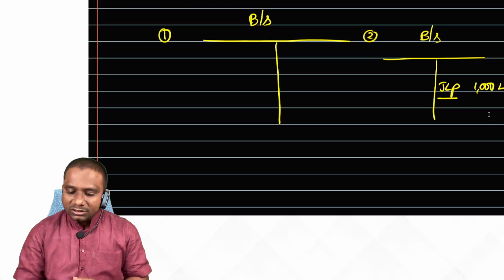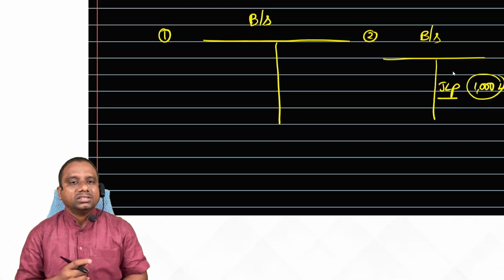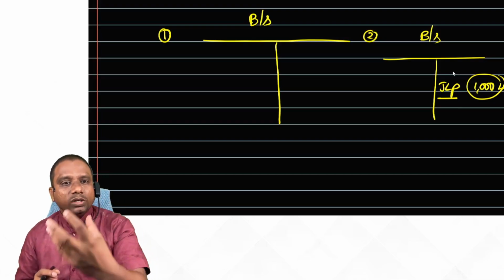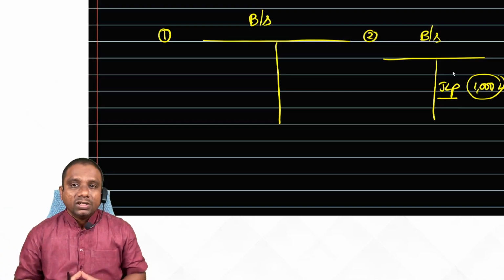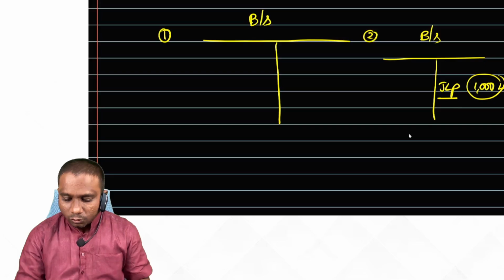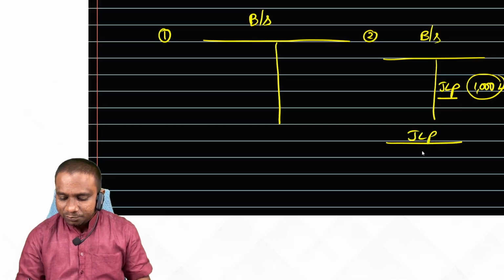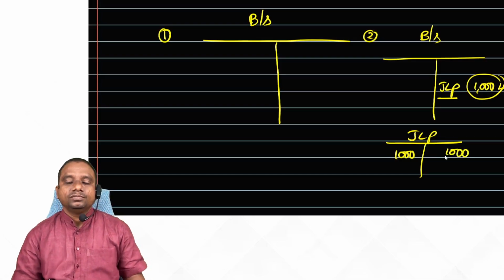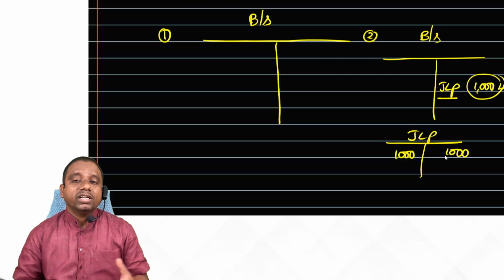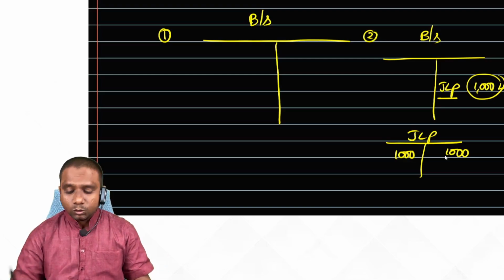Surrender value. JLP account also is at what amount? Surrender value. This account is showing 1000 rupees balance, and we also received 1000 rupees. There is no balance in the JLP account now. Yes or no, students? There is no balance in the JLP account now. When there is no balance, how can you distribute anything to the partners? So, nothing.